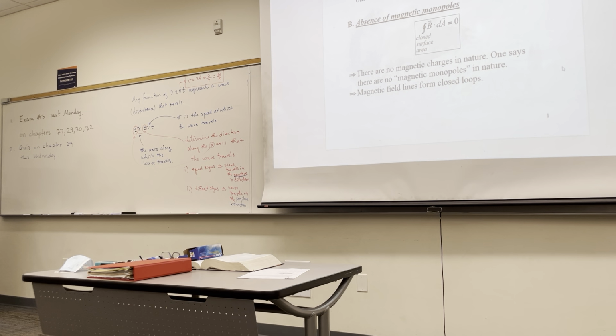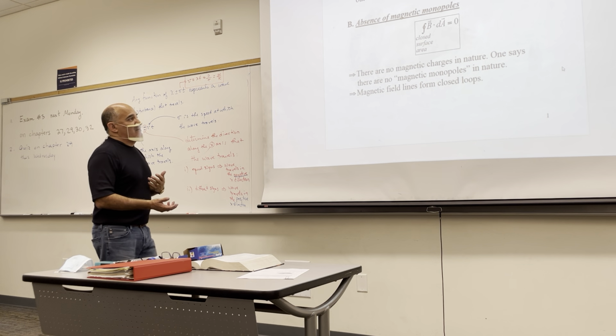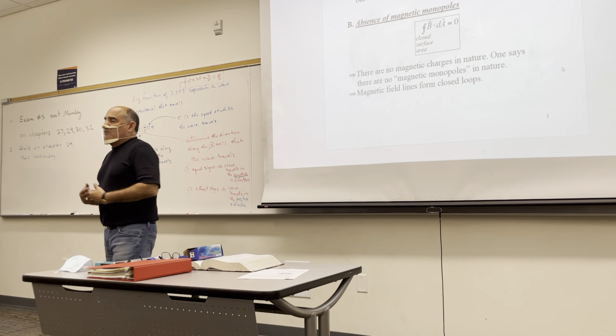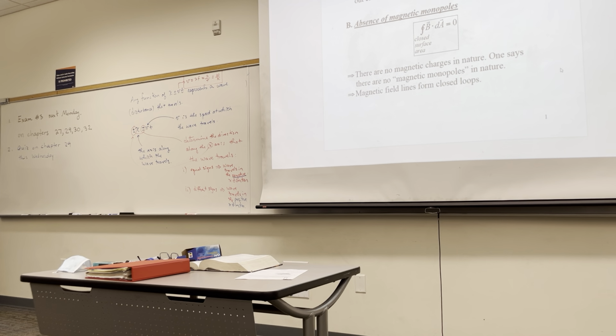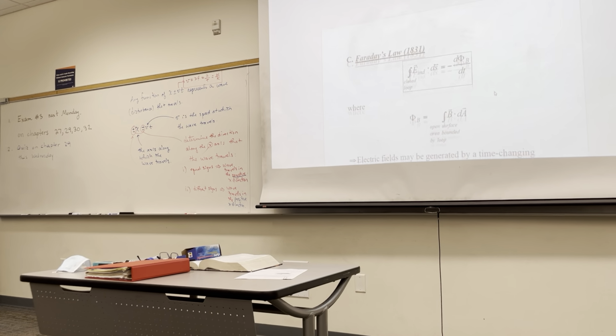If you write Gauss's law but replace the electric field with the magnetic field, then on the right-hand side of the equation you get 0, which simply means that there are no magnetic charges, no magnetic monopoles in nature. So something else must produce magnetic fields, not magnetic charges.